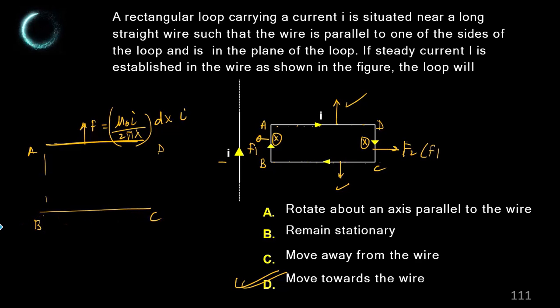Exactly same answer. So that means upward force or downward force on the wire BC will cancel out. Only thing is the left right force on wires AB and CD is there. And ultimately answer is moving towards the wire itself.